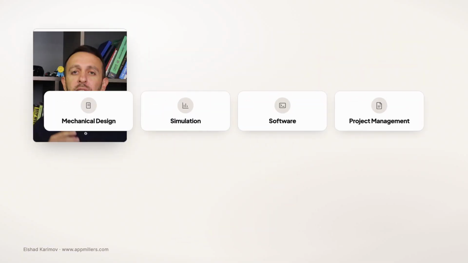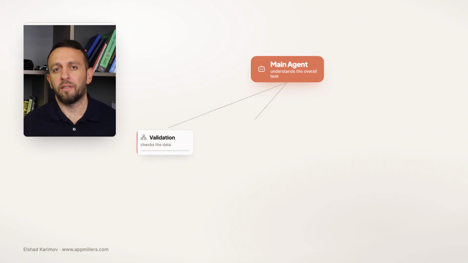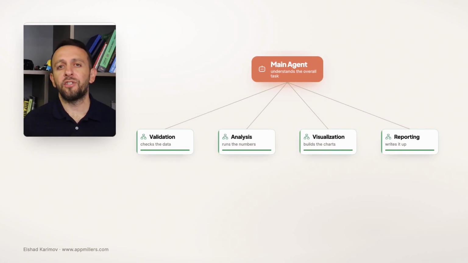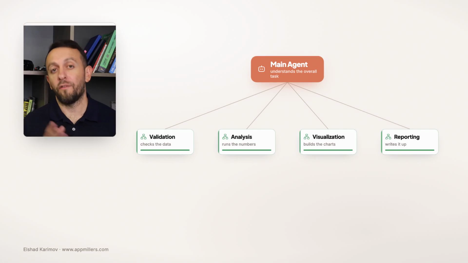Each person specializes in something. Claude can now work in a similar way. You can have a main agent that understands the overall task. Then that agent can use specialized sub-agents to handle different parts of the work.